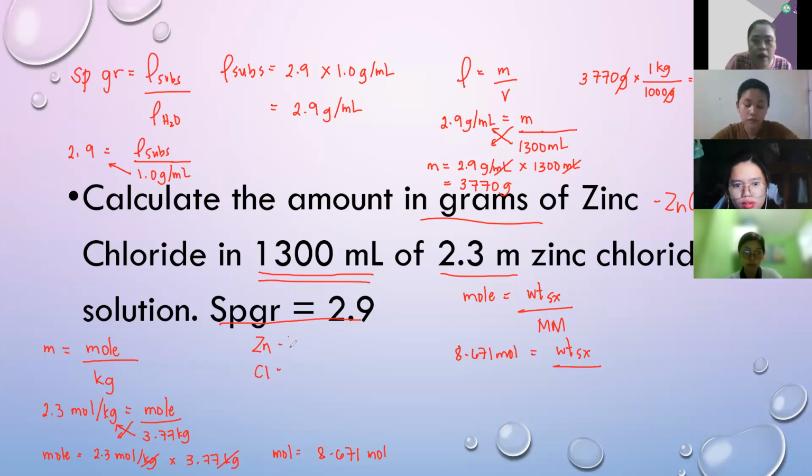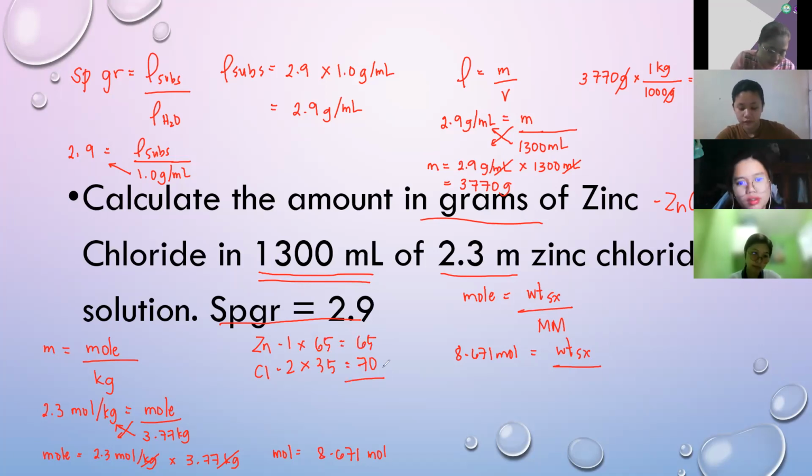So you have 1 atom of zinc, 2 atoms of chlorine. What's the atomic weight of our zinc? I forgot. 65, po. Okay, so this is 65. So let's add. This is 135 grams per mole. So that's what we will use here.